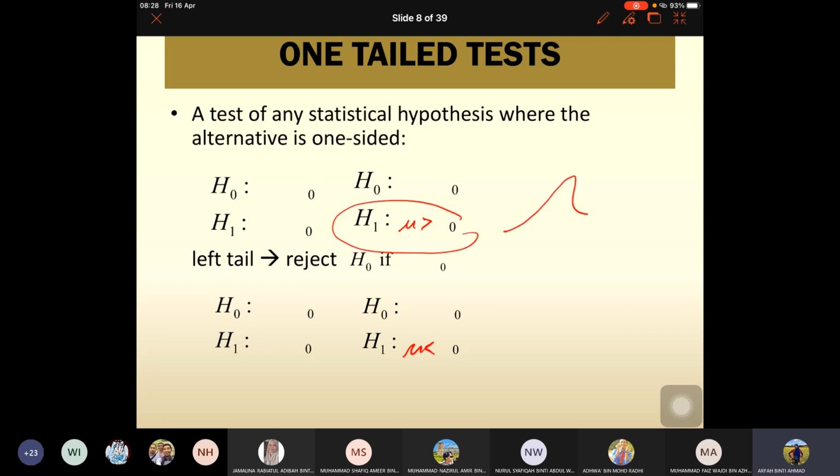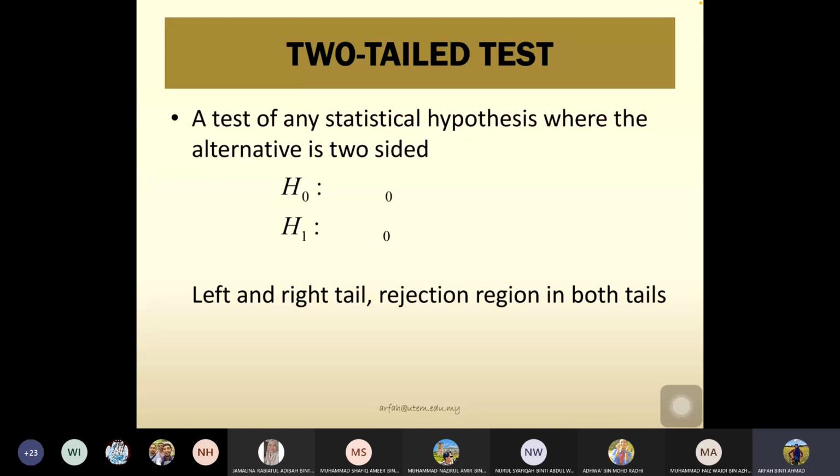Kita tentukan dia one tail because it will be like this, and also this one will be your rejection region. Okay. So from here, two tail is for the case if you have mu equal to mu naught versus mu does not equal to mu naught. So it will become a two tail test. Okay. So ini apa yang dah belajar dalam kelas hari tu.